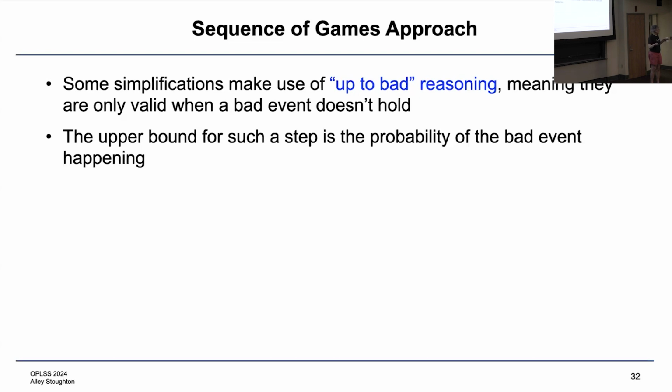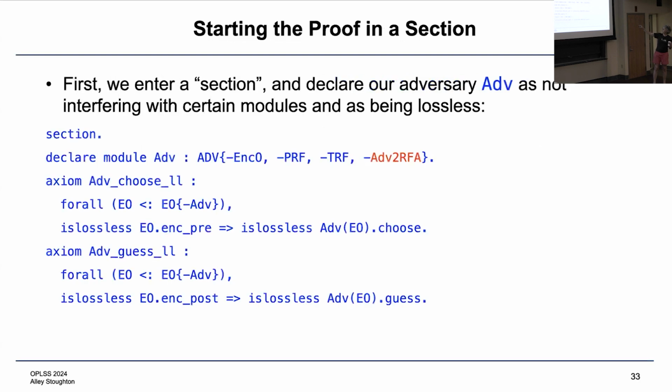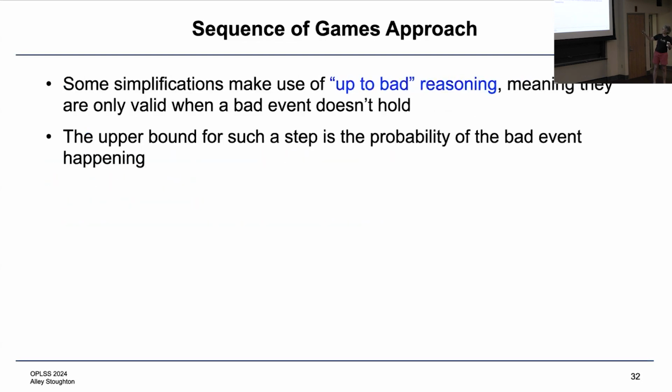And that's the bad event. And what we do as the penalty is we upper bound the probability that the bad event happens. So if there's some probabilistic thing which is not likely to happen, and if we assume it doesn't happen, then we can simplify the code, then we can do a step like that. And we're going to be using, in fact, all 3 of these techniques in our proof.